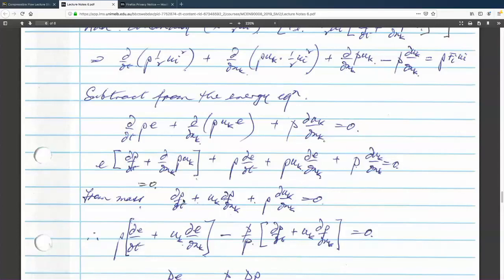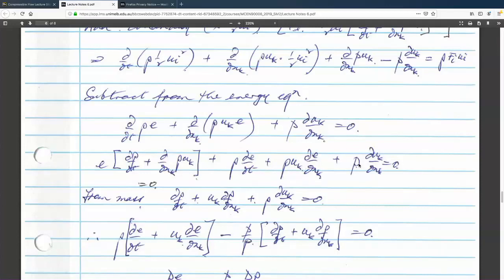So from the mass equation, I have that d rho dt plus uk d rho dxk is equal to minus rho d uk dxk. That's just expanding out the conservation of mass. And so this term is 0, and this term is rho times de dt plus uk de dxk. That's these two terms.